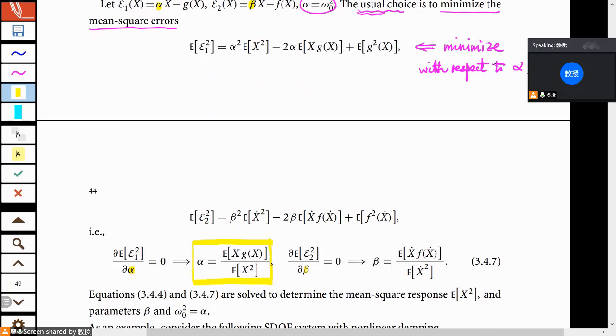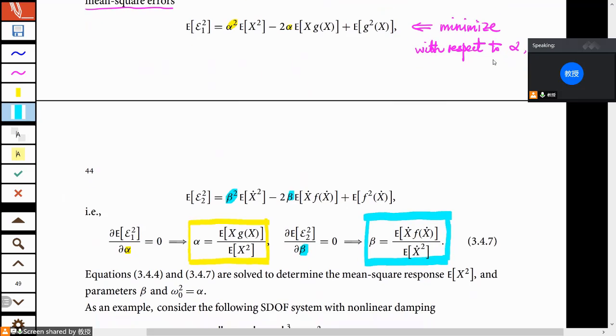So we differentiate with respect to beta because we have a beta square here and alpha. So we have beta and then you find beta.